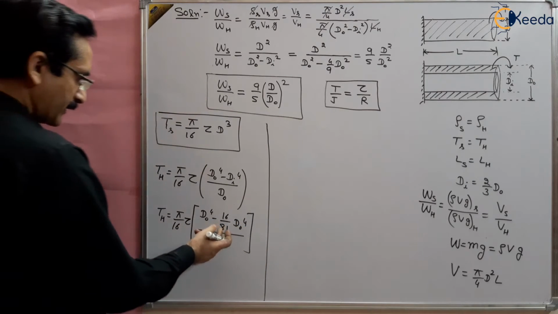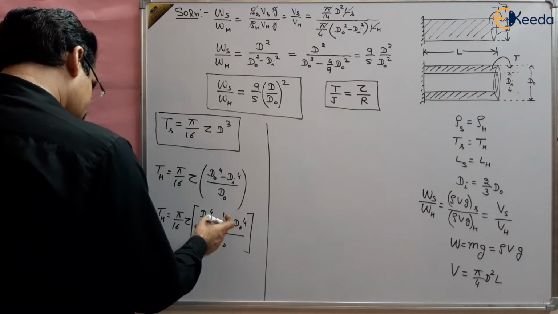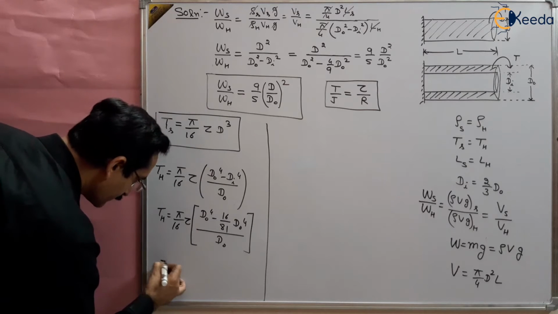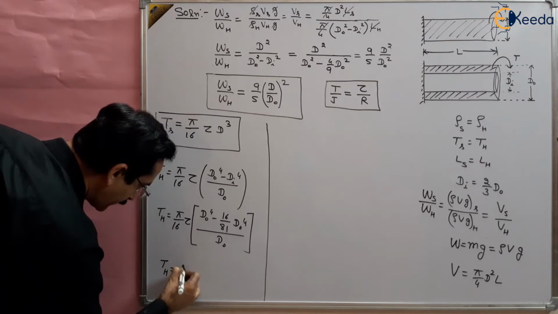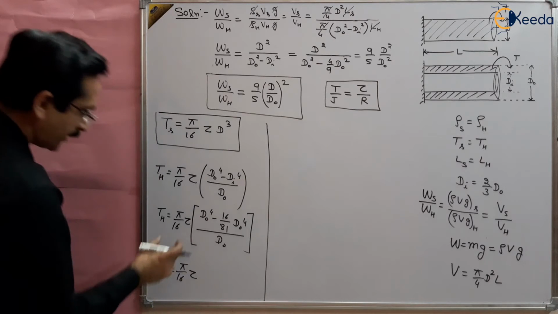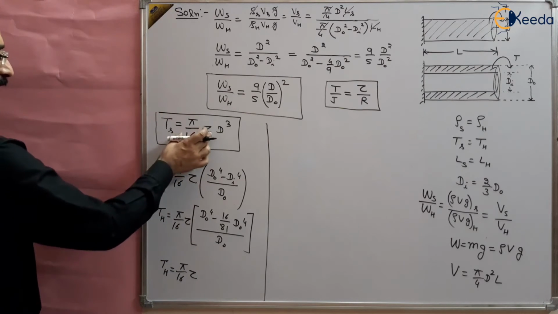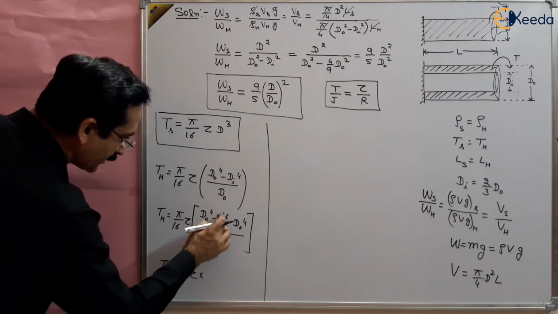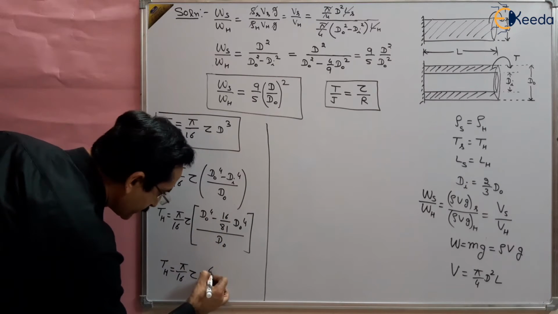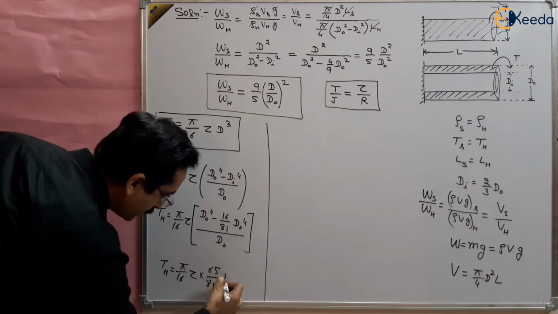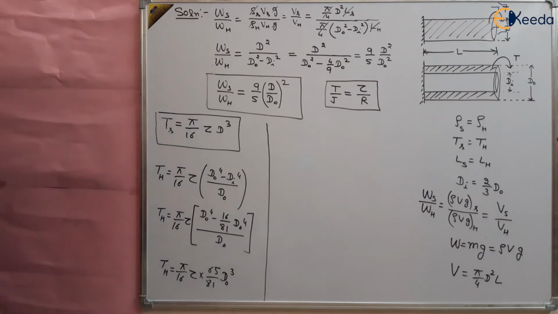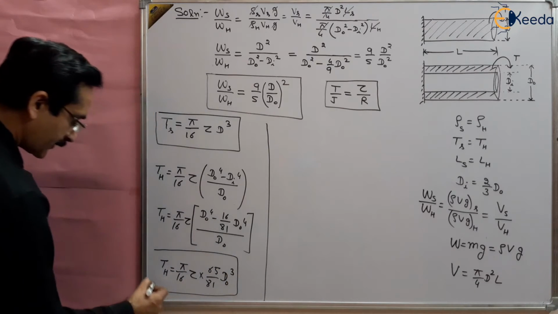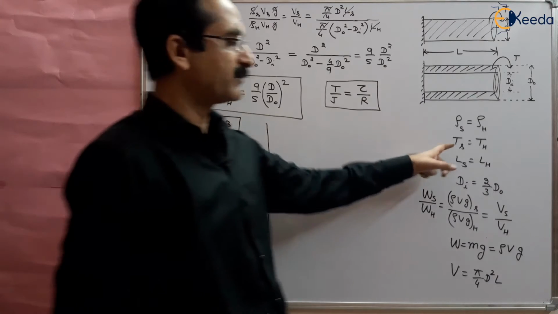Solve it slightly and you will get 65 by 81. So you will get pi by 16 tau, keeping it as it is because it will cancel out, multiplied by 65 by 81 Do cube, right? So this is the torque of hollow shaft.